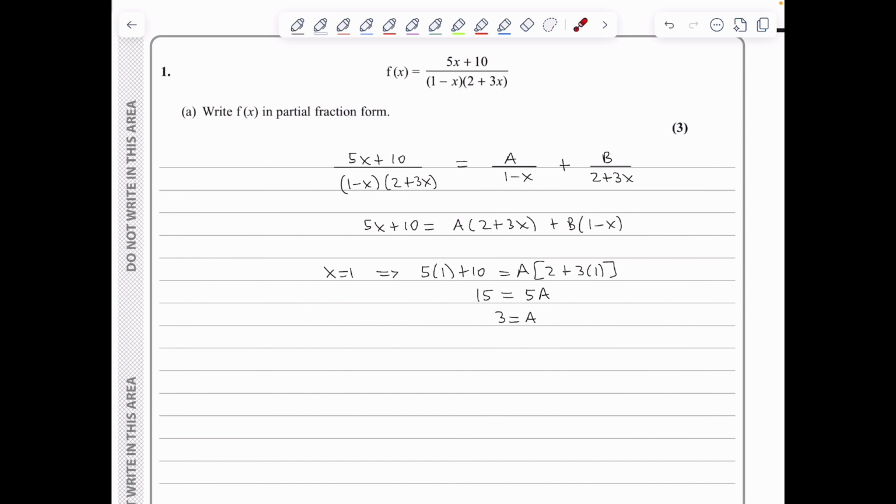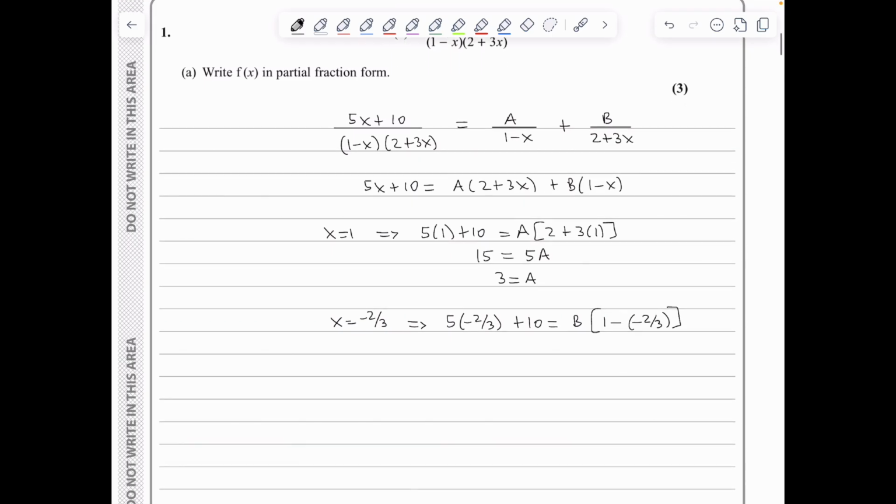Now another nice value of x will be the value that will make 2 + 3x equal to 0, which leads to x being minus 2 over 3. So let's set x to be minus 2 over 3, and we arrive at 5 times minus 2 over 3 plus 10 being equal to B times (1 minus the negative 2 over 3).